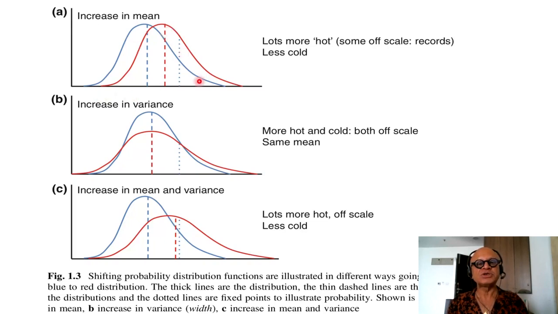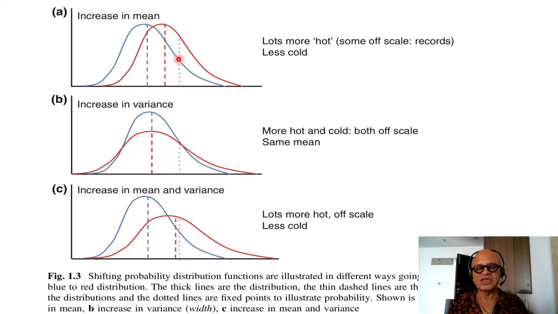Then you can shift the tail. When you draw these lines, the thin dashed lines are the mean distributions and the dotted lines are fixed points to illustrate the probabilities of change in temperatures above a certain threshold. You can do it as percentiles and so on.